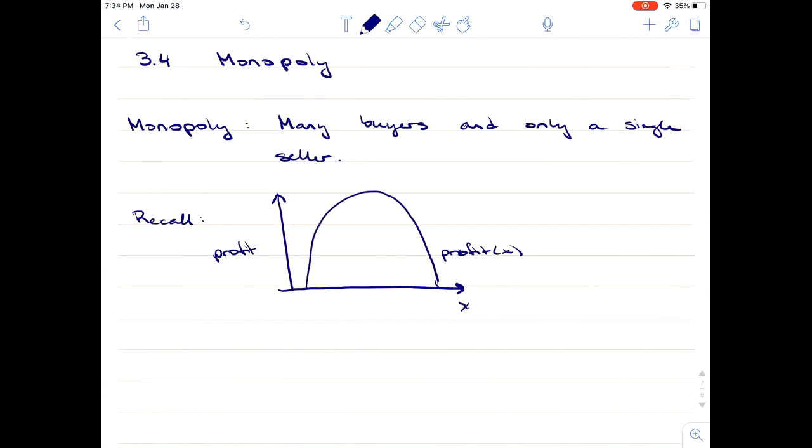And then we said here, at some value of x, we've got this maximized profit. Here, the derivative is 0.